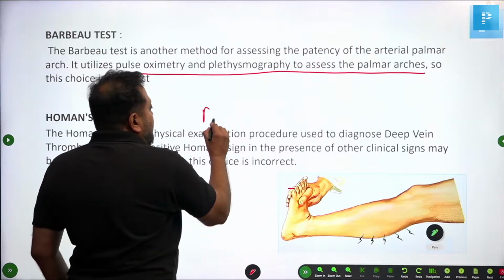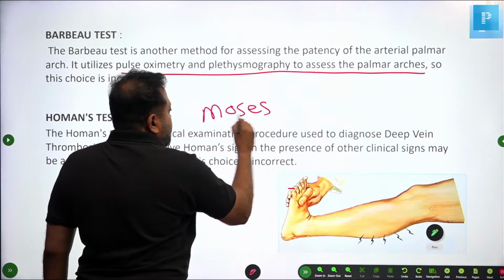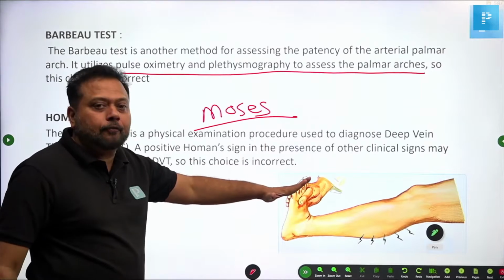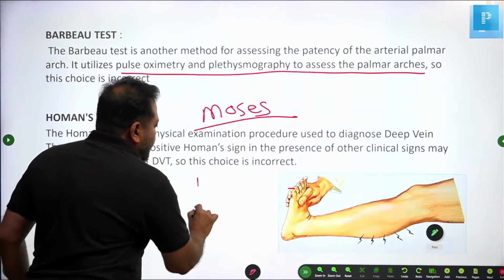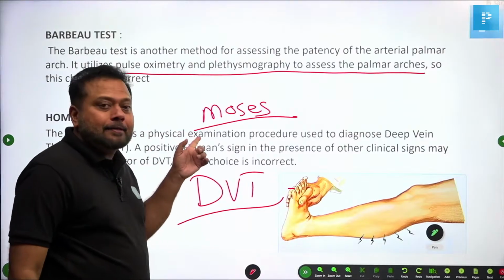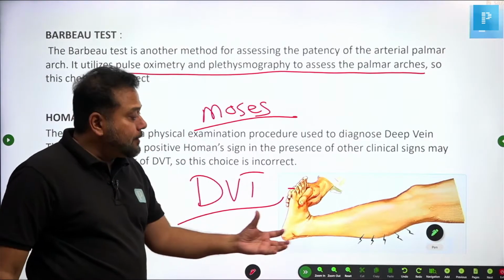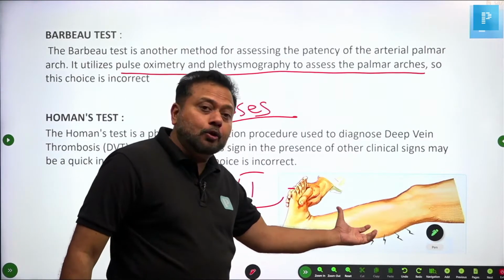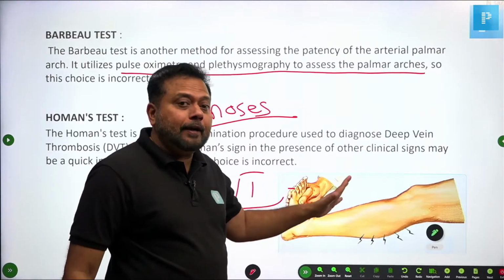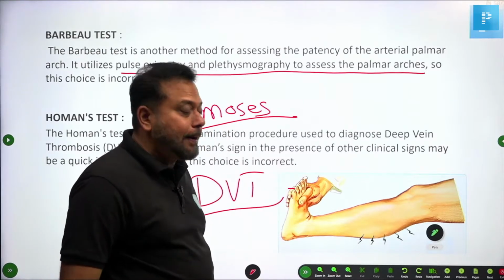Moses is directly squeezing the calf muscle, Hohmann is dorsiflexing the foot. These two signs are for DVT. Hohmann's is a safe method. In Moses sign, if there is a DVT, squeezing can cause the thrombus to go for thromboembolism, so nowadays it is not advocated practically.